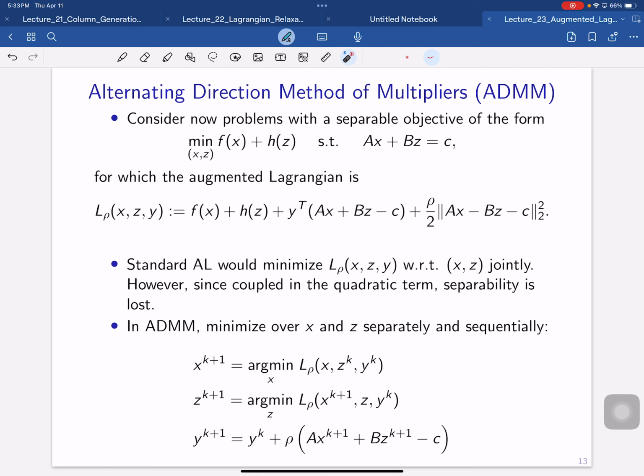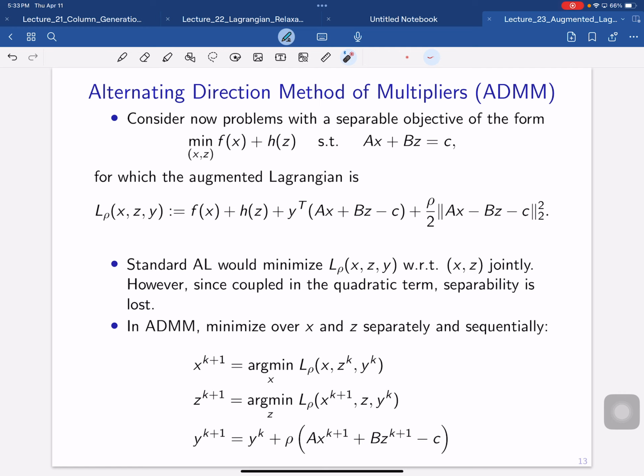Do you have some idea? No? Okay. Maybe the other way to ask is: what if you apply the method of multipliers or augmented Lagrangian to this problem? What are the two iterations? You first optimize a primal variable, then you optimize a dual, right?